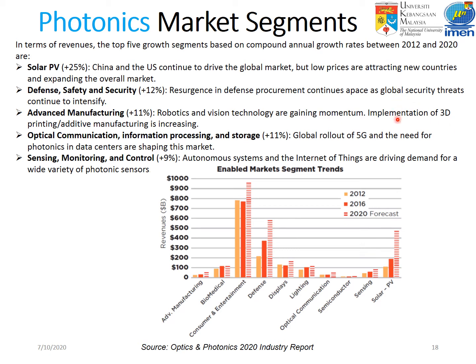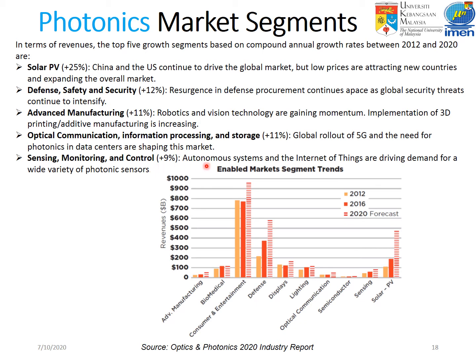Implementation of three-dimensional printing, or we call it additive manufacturing, is increasing. Next, we have optical communication, information processing and also storage, an increment of 11%. So the need for global rollout of 5G and the need for photonics in data centers are shaping this market. And last but not least, we have sensing, monitoring and control with an increase of 9%.